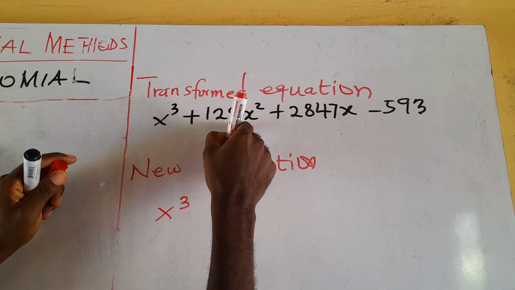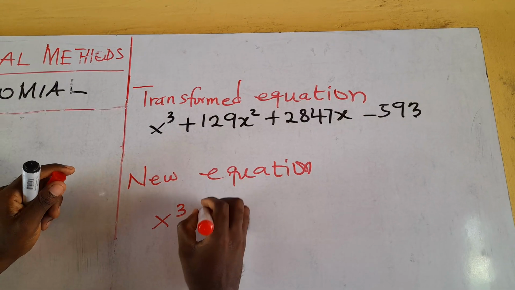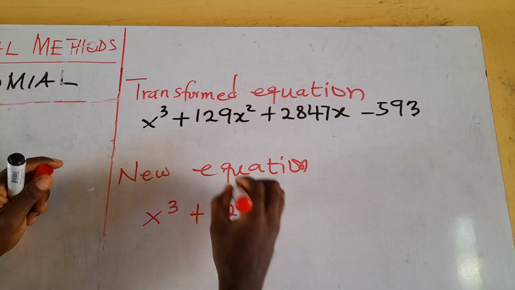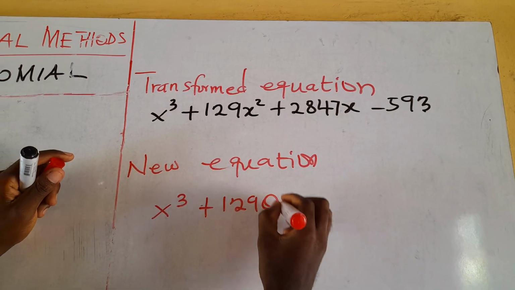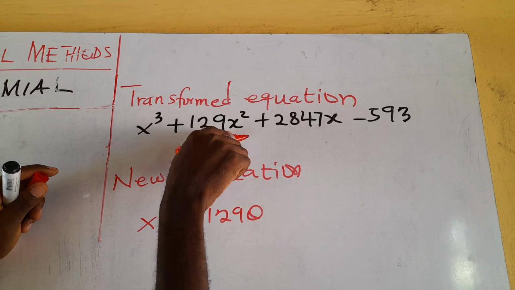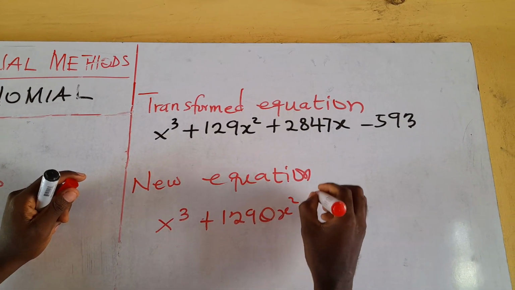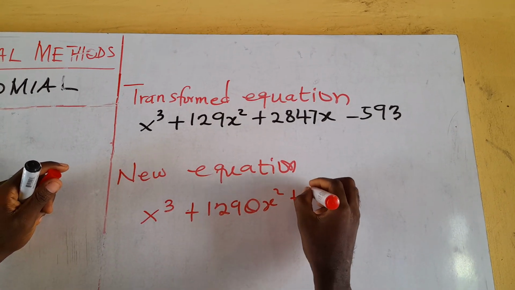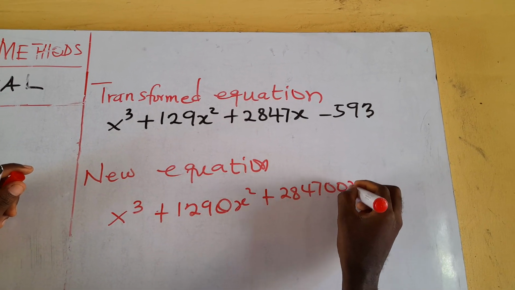Then 10 exponent 1 will be 10, so we have 1290, that is adding a 0 to 129. 10 exponent 2 will be 100, so we have 284,700x.